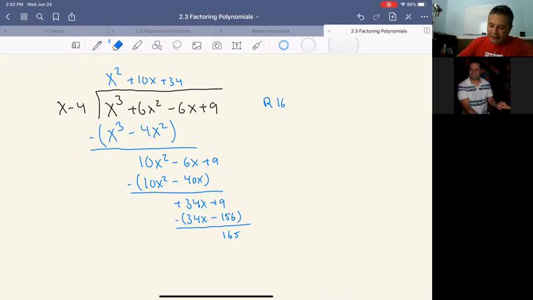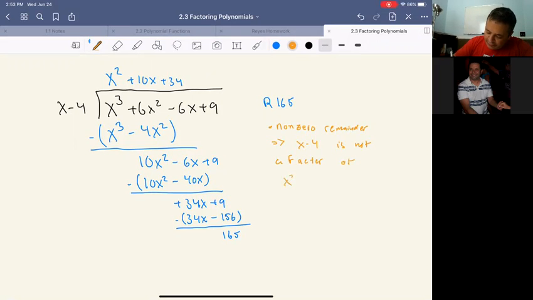Now we'll talk about this a little bit, but because of the non-zero remainder, that means x minus 4 is not a factor of x cubed plus 6x squared minus 6x plus 9.